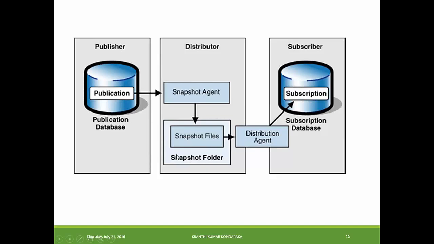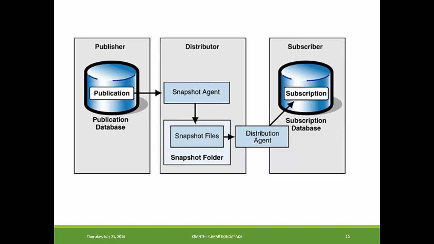This folder will contain all my schemas, like table structures, and also the data, and the selected article information will be stored in the format of snapshot files. Once those files are generated, the distribution agent sends the data to the subscriber. So this is the typical process for the snapshot replication.